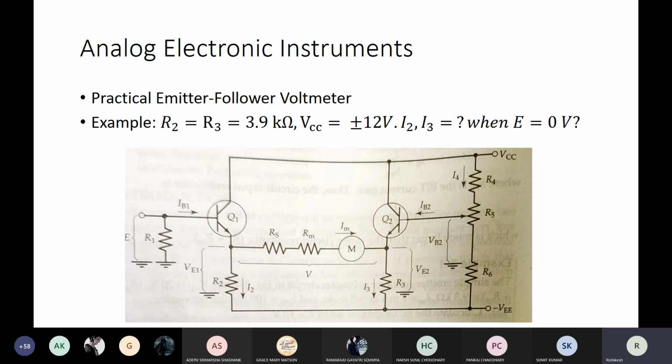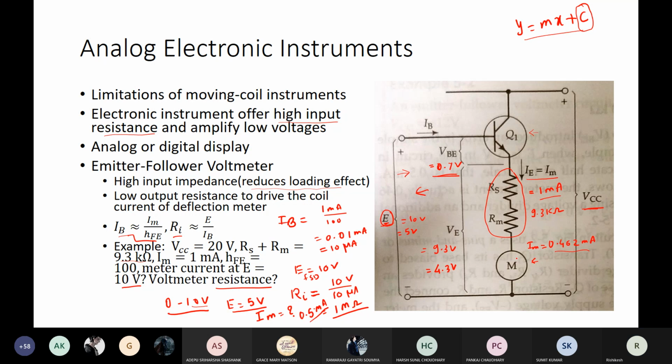If you simply focus on this part first, it is similar to the previous one, just that there is a resistor connected here.